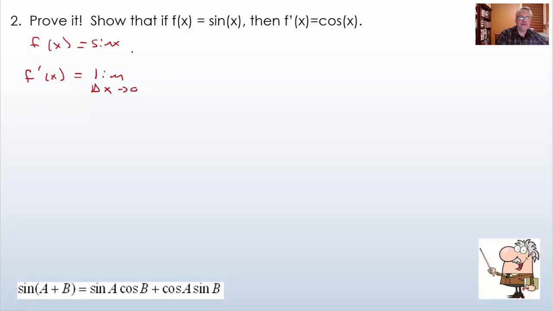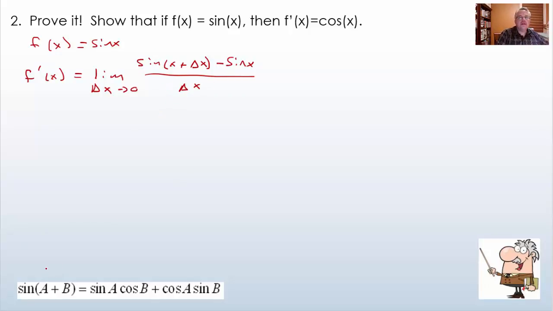It's been a little while since we've done this. Of sine of x plus delta x minus sine of x all over delta x. So remember, the formula for derivative is f of x plus delta x minus f of x over delta x. Instead of f, we have sine.